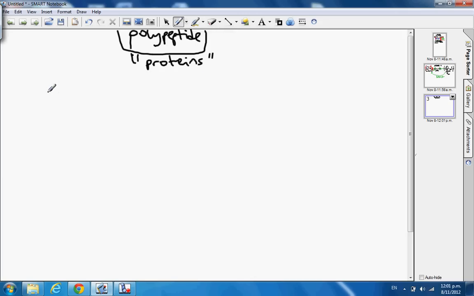If we take the general formula for an amino acid, it's going to be a central carbon, and the central carbons of amino acids are chiral, apart from glycine, which is the simplest of the amino acids. The name is a bit of a giveaway: an amino acid contains an amine group, that's where the amino bit comes from.